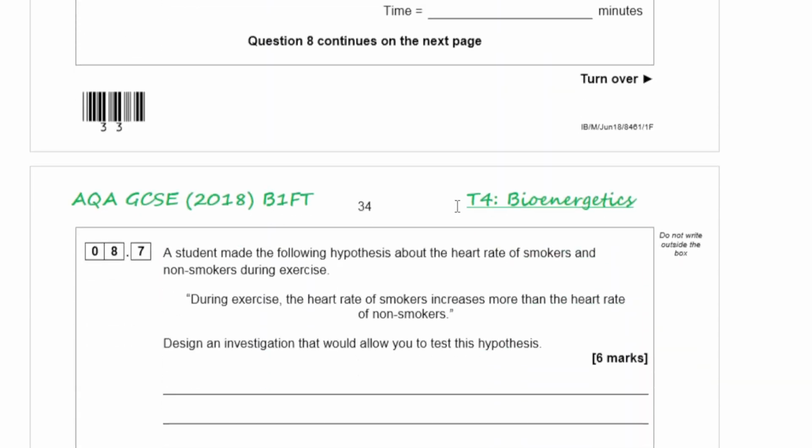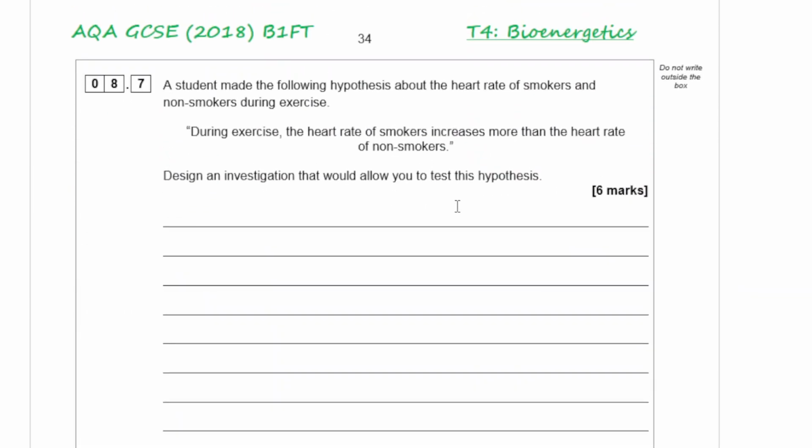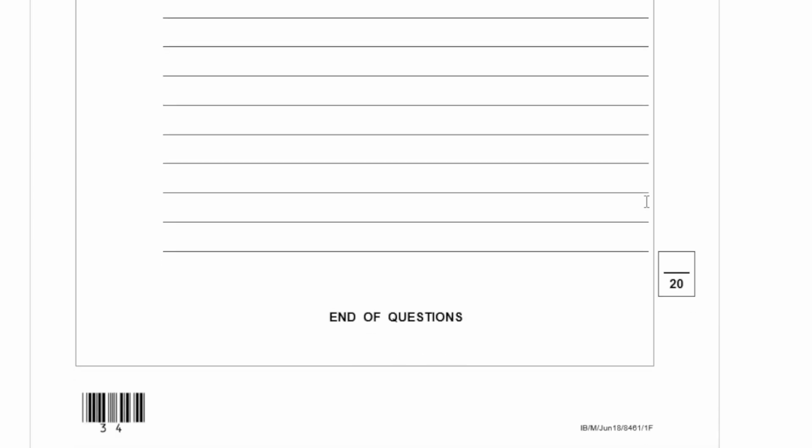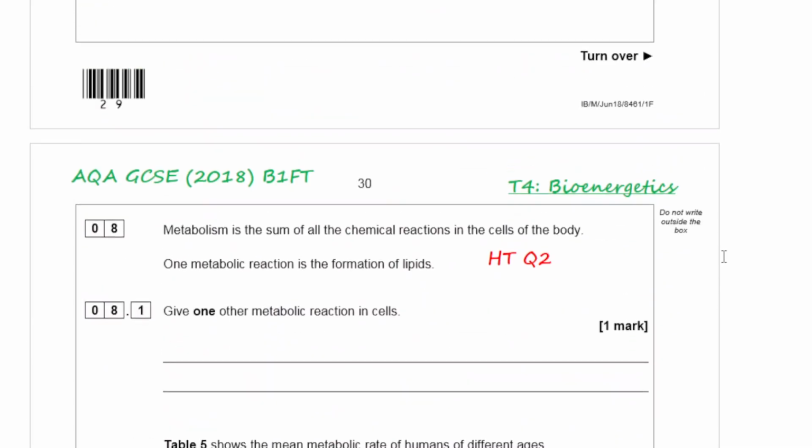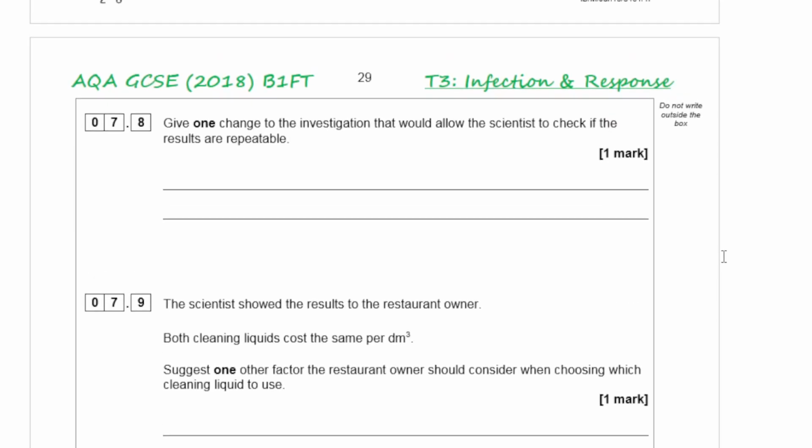Again, it's about interpreting graphs, and there is a 6-mark question in here about exercise. That's 20 marks. There's a total of 33 marks, or 31 marks, isn't it? So yeah, 31 marks just from the last 2 questions.